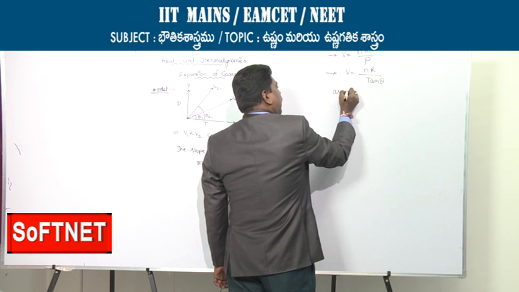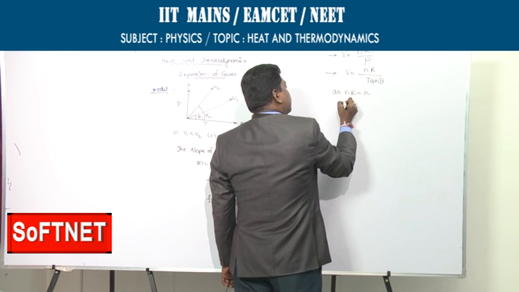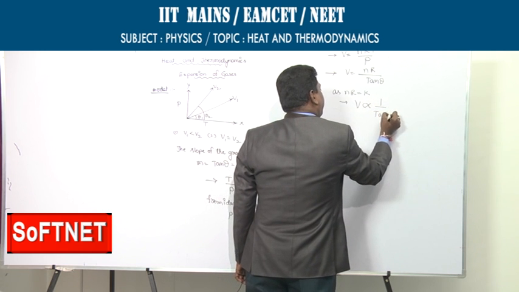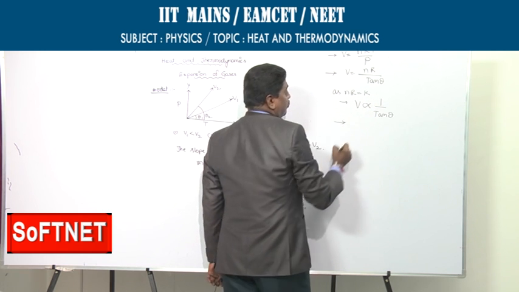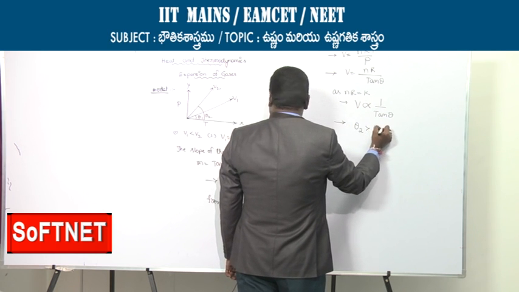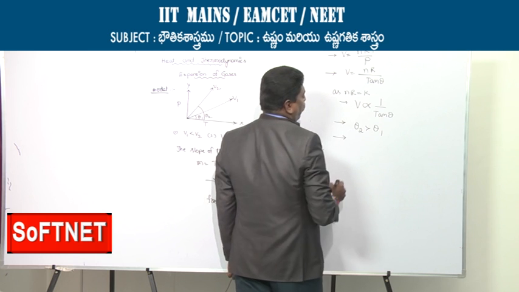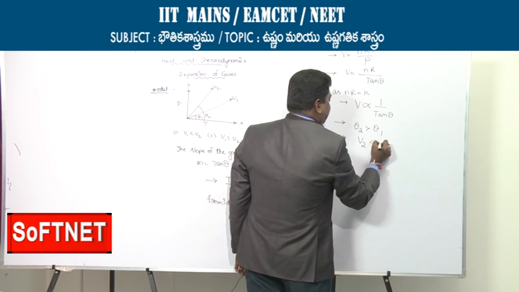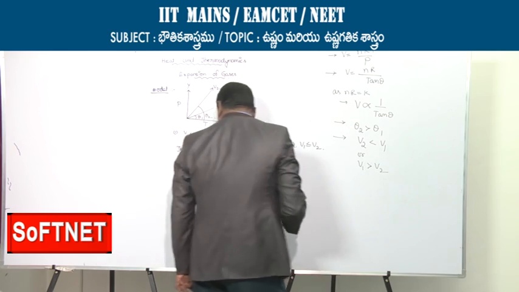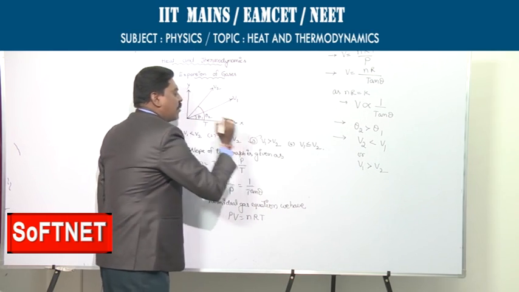As nR is constant, V is inversely proportional to tan theta. Theta 2 is greater than theta 1, therefore V2 is less than V1, or V1 is greater than V2, and V1 is greater than V2 is the third option.